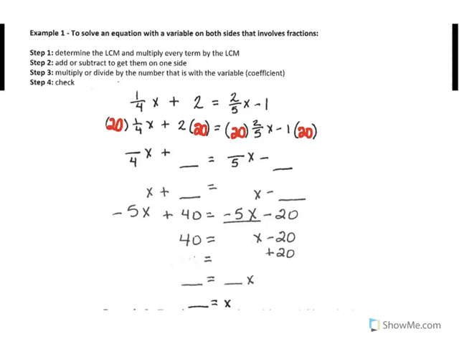So in the next line, we're going to multiply 20 times 1, which is 20, and keep your denominator of 4. Then we have 2 times 20, which is 40. Next we have 20 times 2, which is 40. Keep your same denominator. Then we have a -1 times a +20, which gives us a -20.